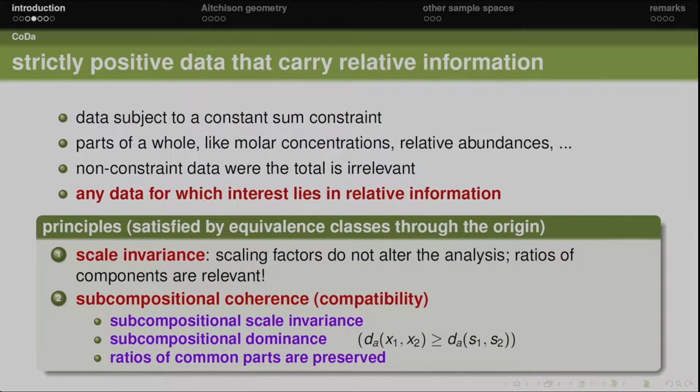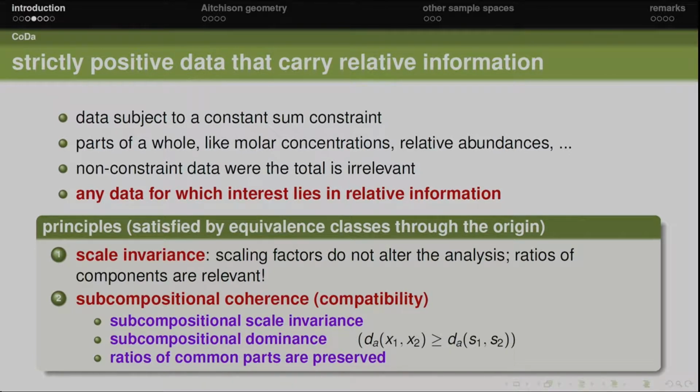So our definition: positive, strictly positive data that carry relative information. This includes not only data in parts per unit, in percentages, or other constant sum constraint data, but also molar concentration, relative abundances, whichever you like.